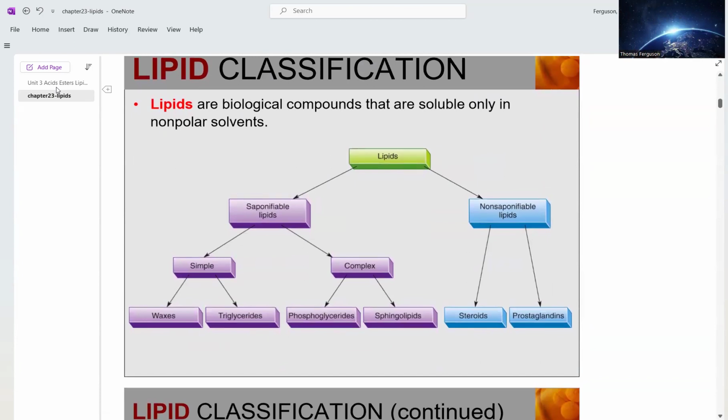One is saponifiable. That means it's got an ester in there, or non-saponifiable, meaning there's no esters. The non-saponifiable ones are things like steroids, prostaglandins, those are some of the lesser known, particularly prostaglandins.